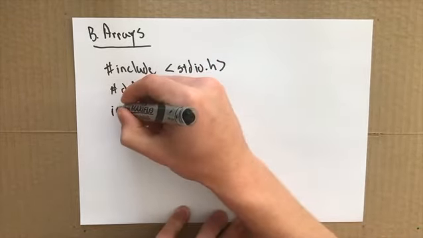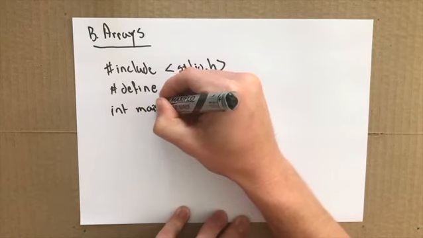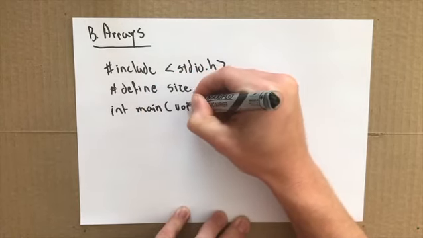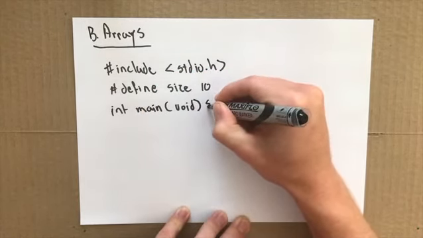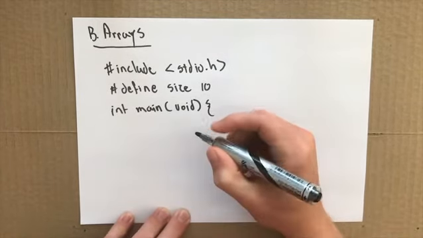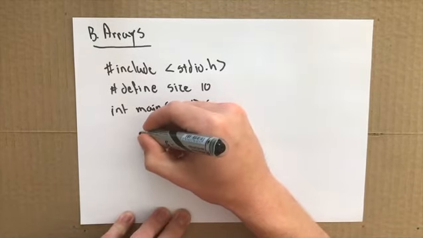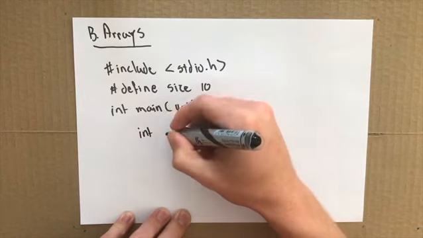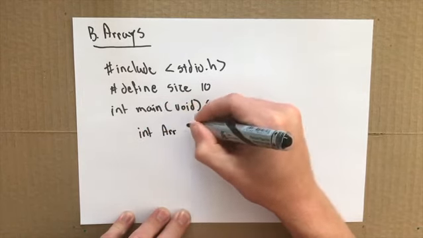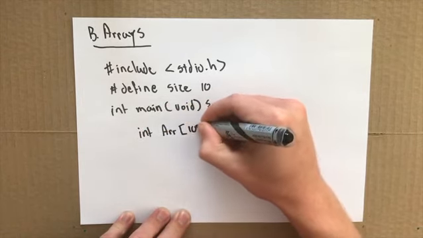And now we have our int main. Inside int main we have an array of type int called arr of size 10.